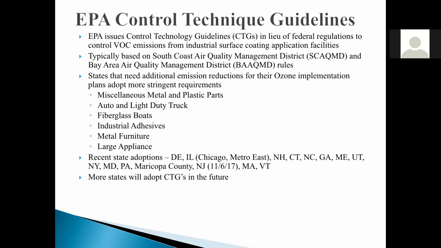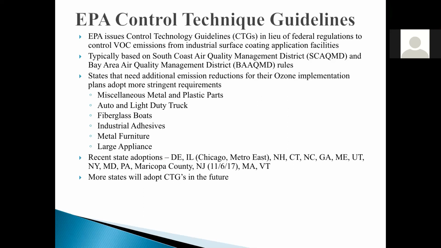The benefit from industry's perspective is that hopefully the states are consistent in what they come up with, be it definitions, applicability, or VOC limits. So we hope that if states move forward, they stick to those CTGs to the extent they can, to give clarity and consistency across the U.S.